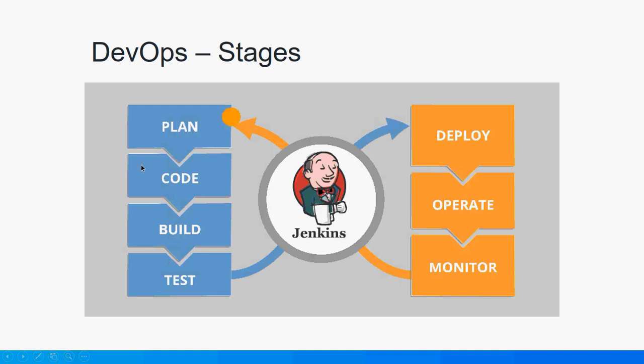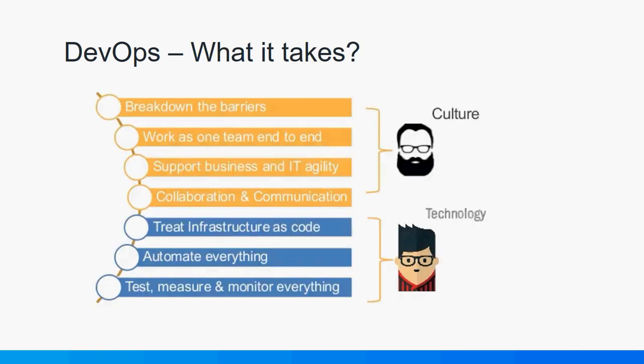The blue color is going to be continuous integration, and the orange color on the right side is continuous deployment. What I will be focusing on more in this session is continuous integration.